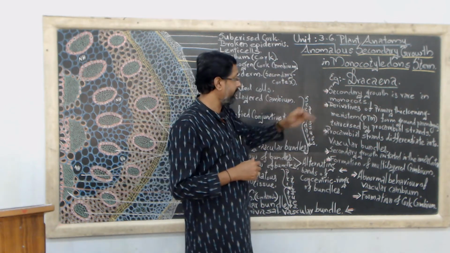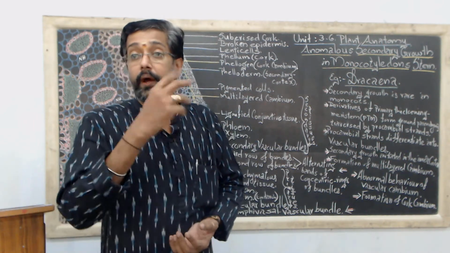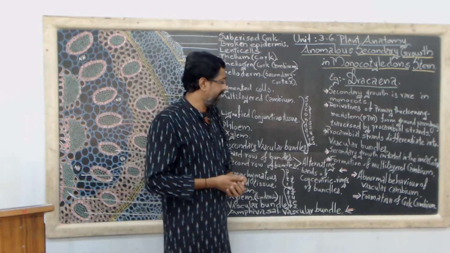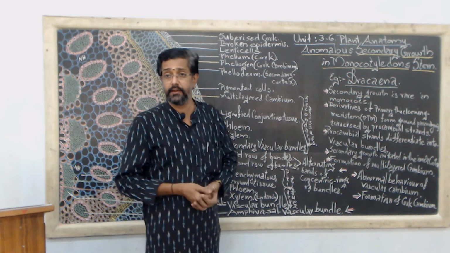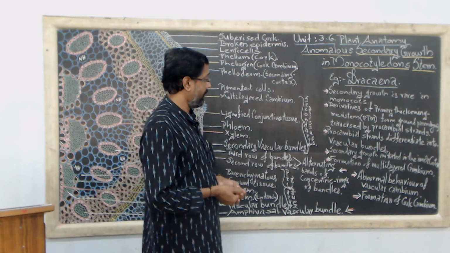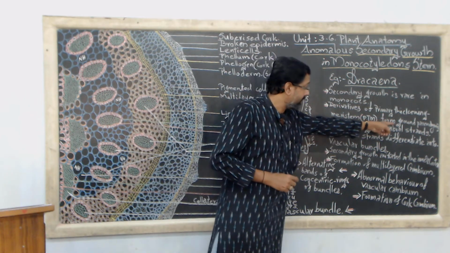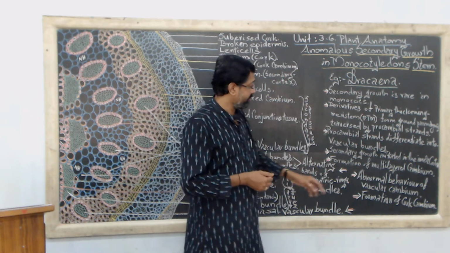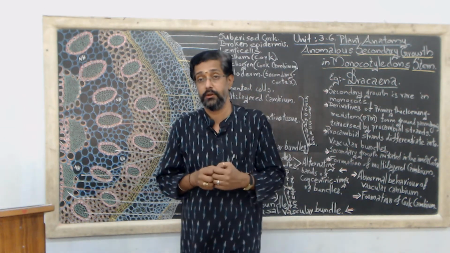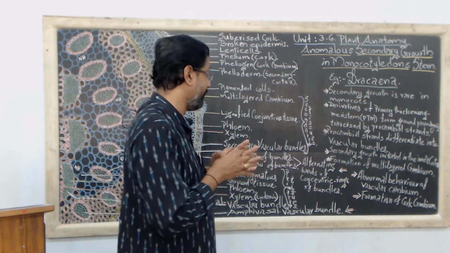It is differentiated in the ground tissue outer to the early or primary formed vascular bundles, becomes meristematic in nature, and divides to produce certain vascular tissues. Such procambial strands develop in the outer region, that is in the ground parenchyma, and later differentiate into vascular bundles. And normally, the vascular bundle consists of xylem and phloem.